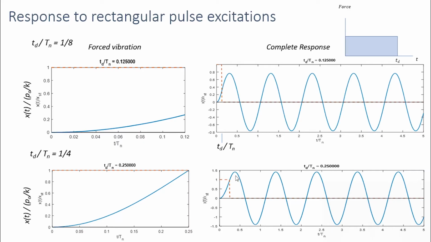So the maximum response is happening during the free vibration phase. So this one is the forced vibration response, and again the red dotted line shows the static response. During the forced vibration, the dynamic response is less than the static response, but the response increases after the force ends. That is, during the free vibration phase, the displacement is high.